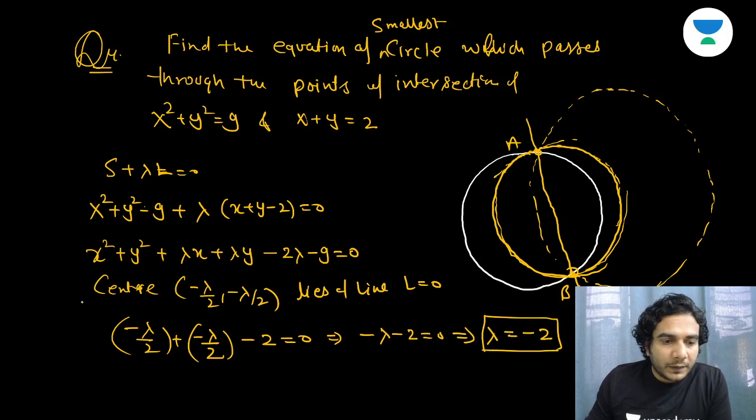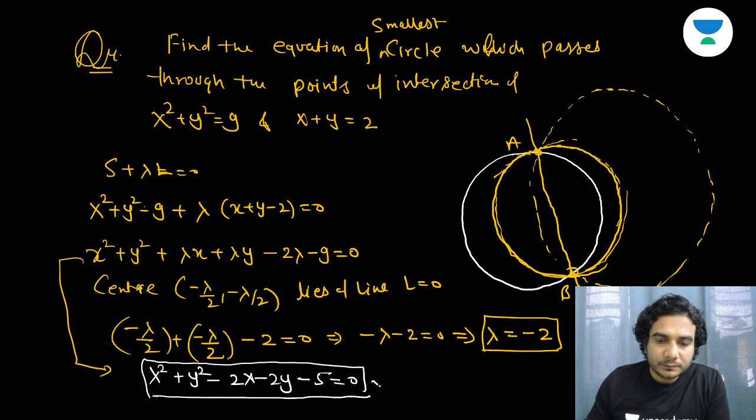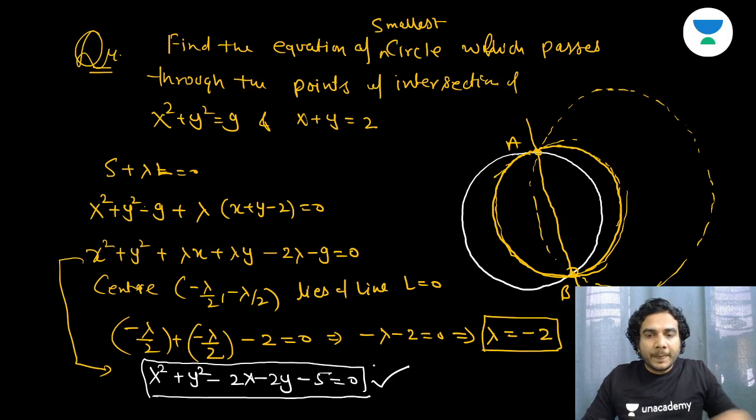And if I put the value of lambda, the equation of the circle will become x square plus y square minus 2x minus 2y, plus 4 minus 9, so it is minus 5, is equal to 0. All right, so that is the answer.